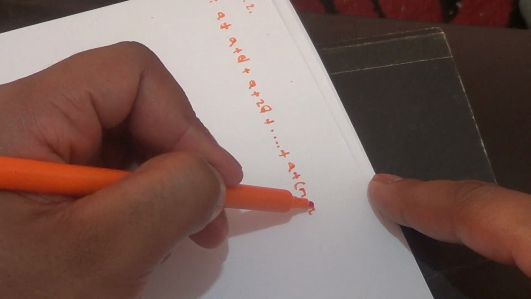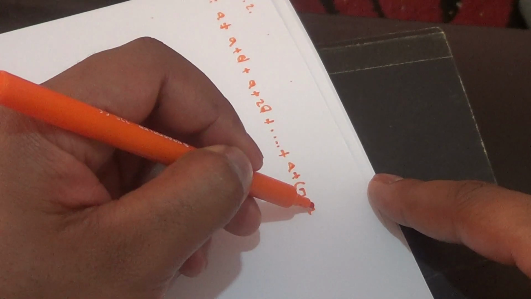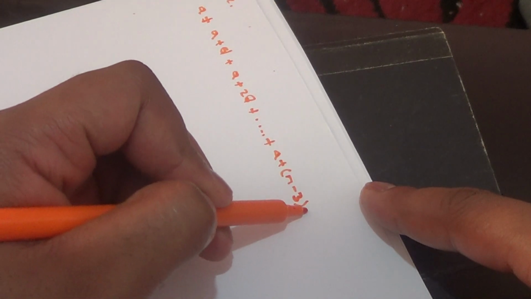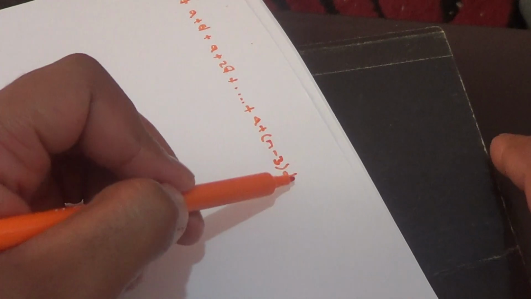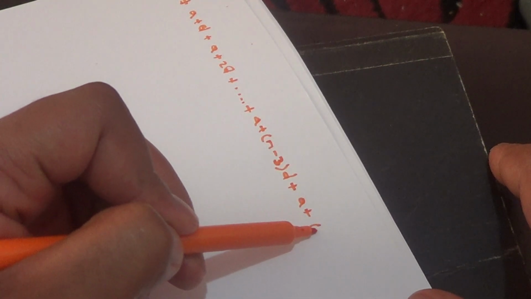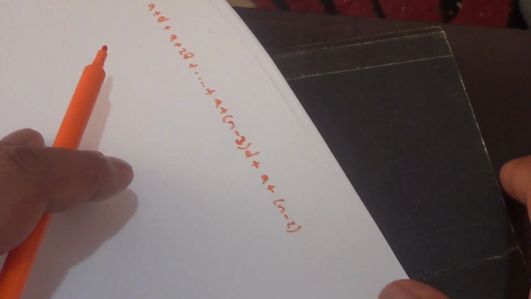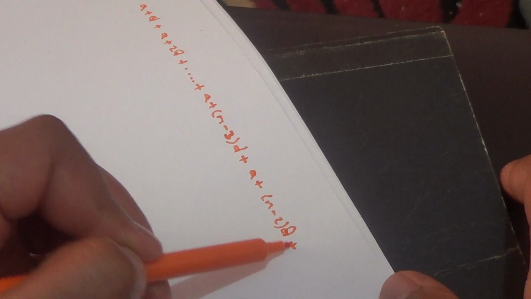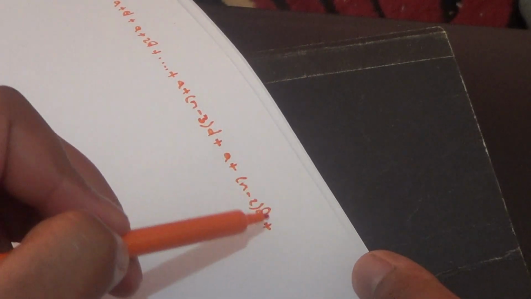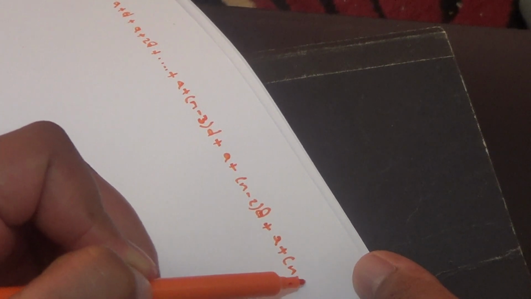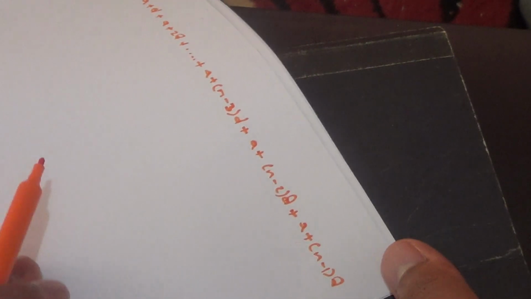No, minus 3, okay, times d, okay, plus a plus n minus 2 times d, okay, plus the last one, which is going to be a plus n minus 1 times d, okay.